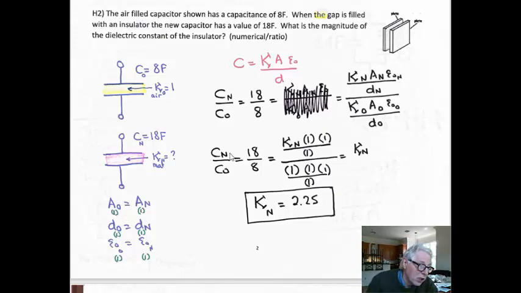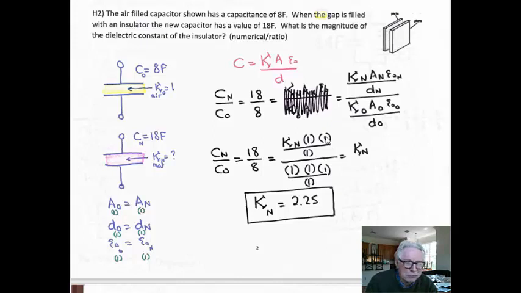So C new over C old, the new capacitance over the old capacitance, is 18 over 8. And that's going to be K new over 1, because I know the old one was 1, and I don't know what the new one is. Then area is 1 over 1, because it doesn't change.